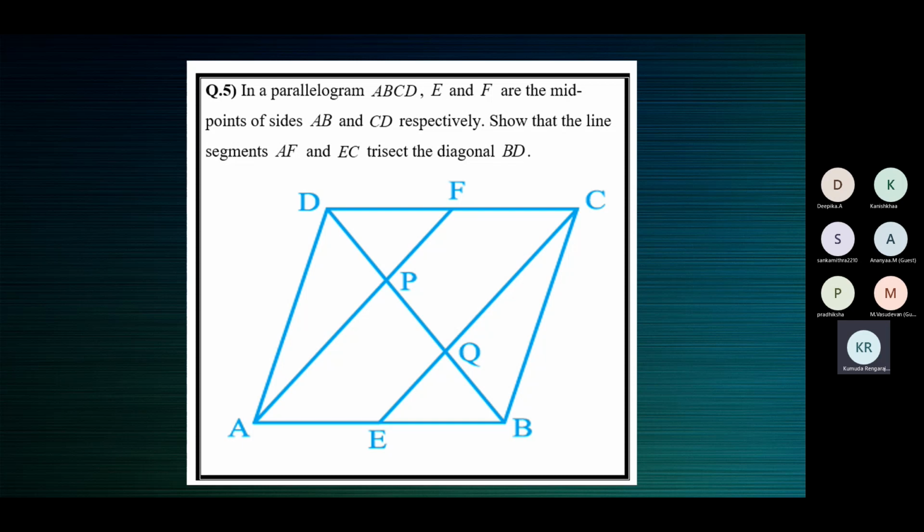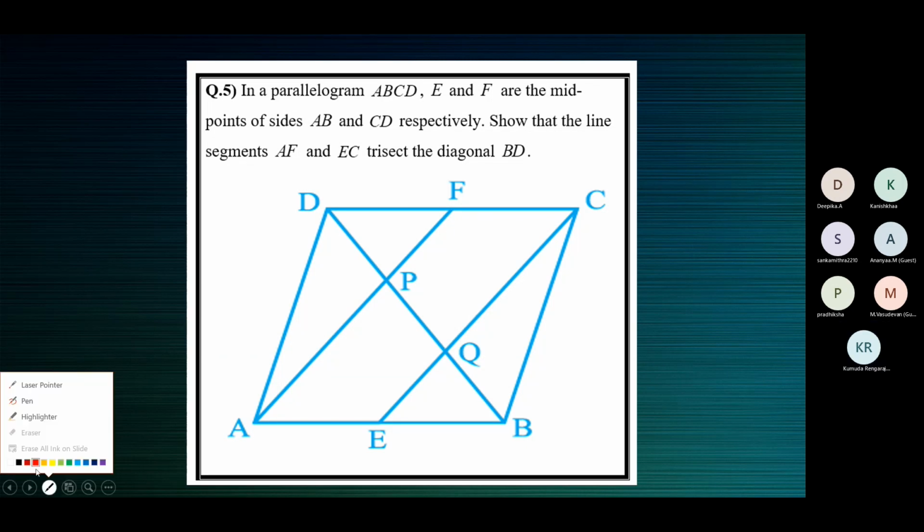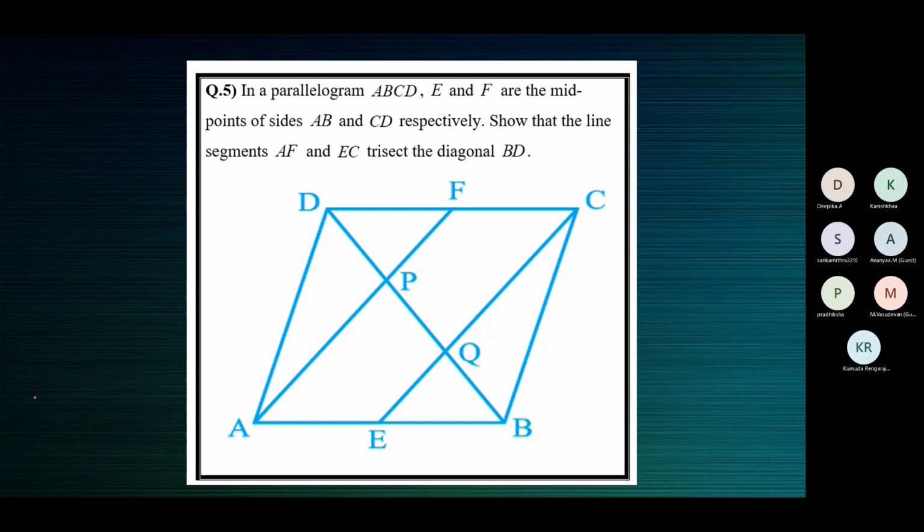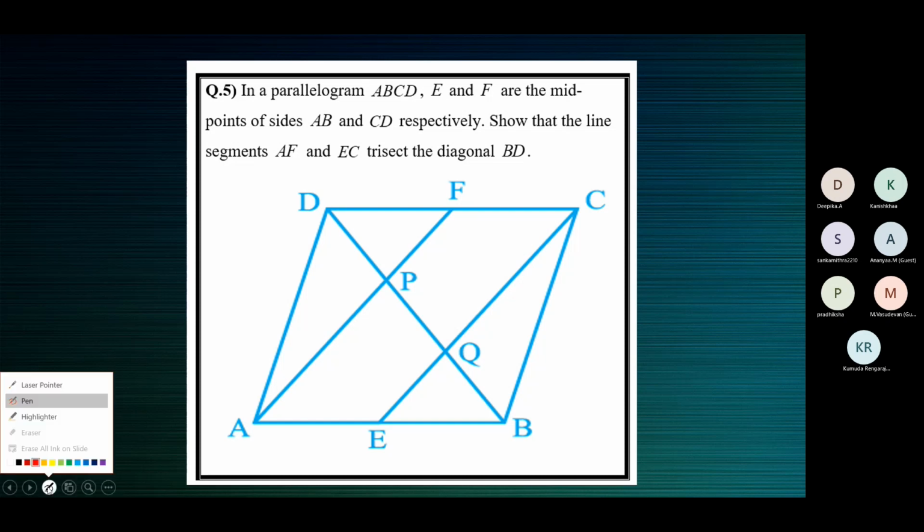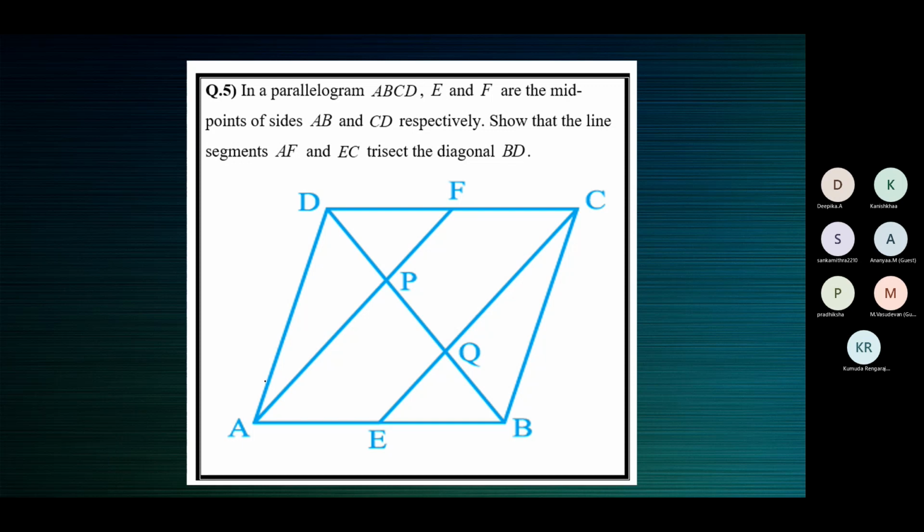So continuing with quadrilaterals. Here in a parallelogram ABCD, E and F are the midpoints of the sides AB and CD respectively. In a parallelogram ABCD, opposite sides are parallel and equal.